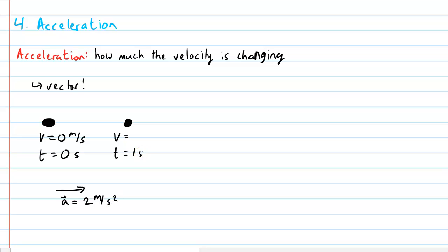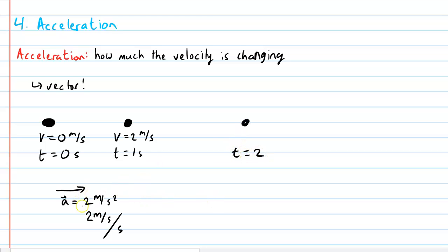So how much is the velocity changing? The way I like to think of acceleration is not as 2 meters per second squared, but as 2 meters per second every second. So it changes 2 meters per second every second. We've passed 1 second, so the velocity must change by 2 meters per second. Then maybe here would be time 2.